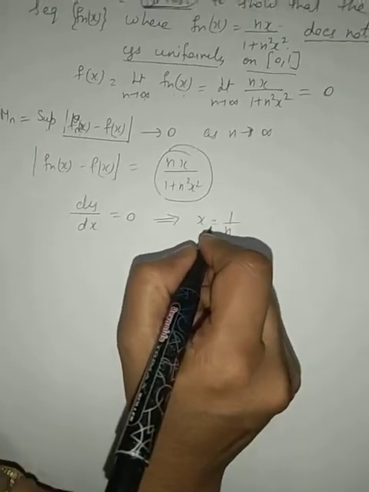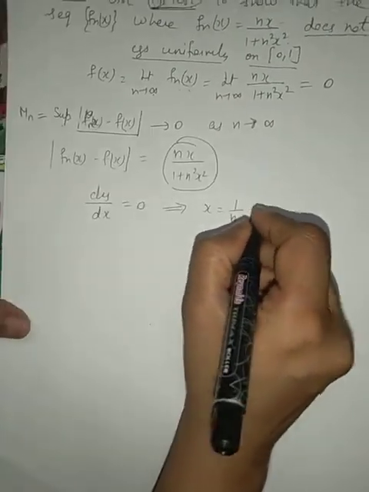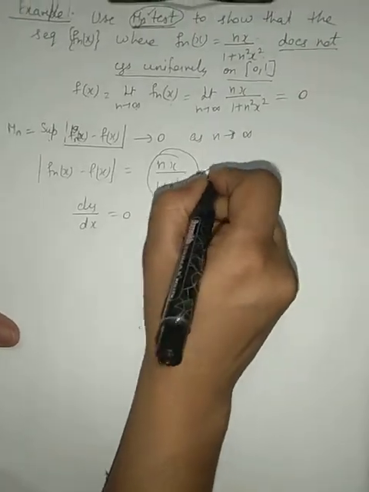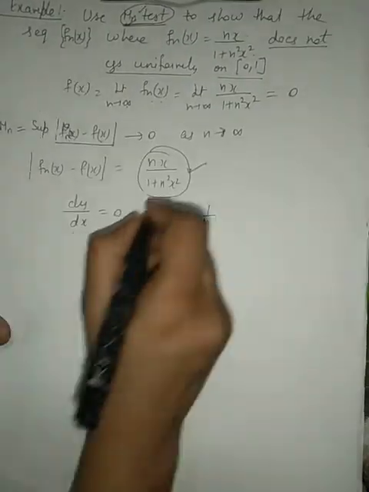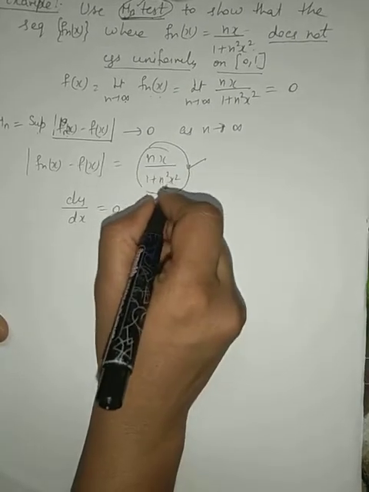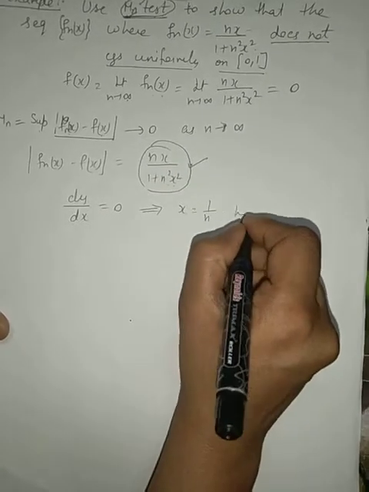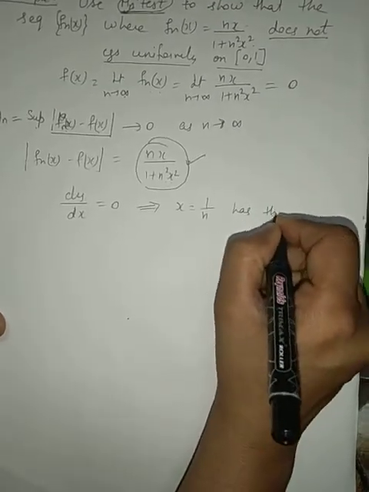And when x is equal to 1 upon n, the function nx upon 1 plus n square x square has the maximum value.